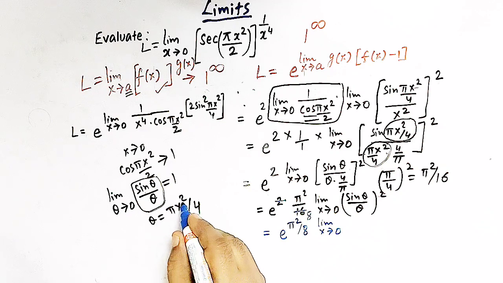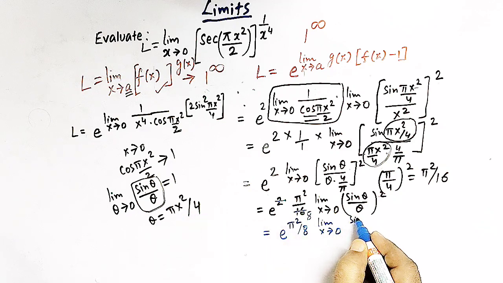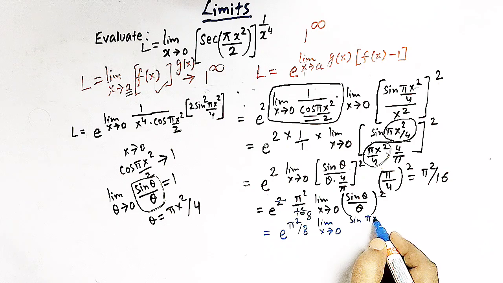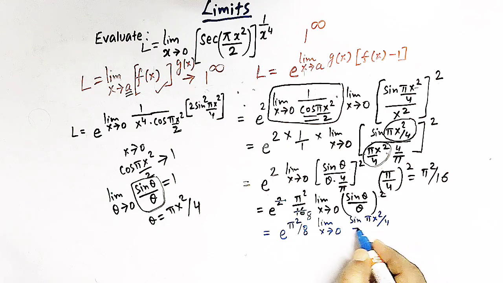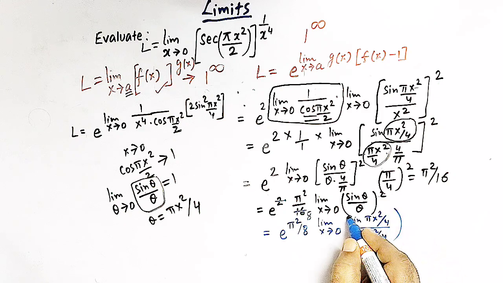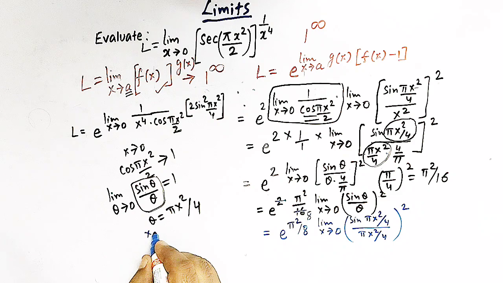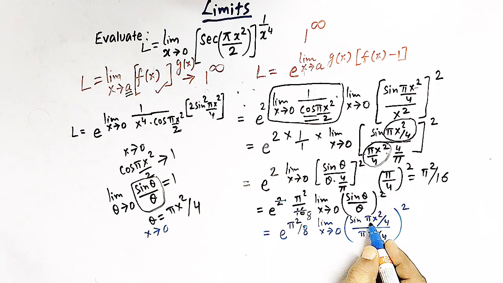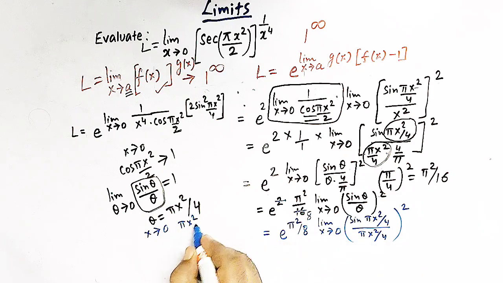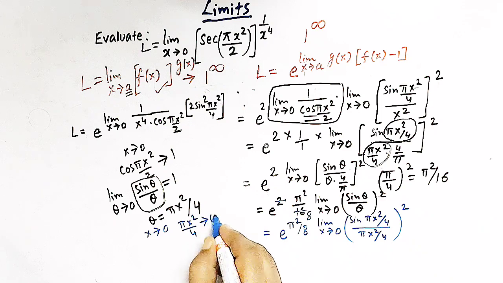replace theta by pi x square over 4. So we have sine pi x square over 4, and here also we have pi x square over 4, and here we have the square, right? Now see, when x tends to 0, then pi x square over 4 also tends to 0.